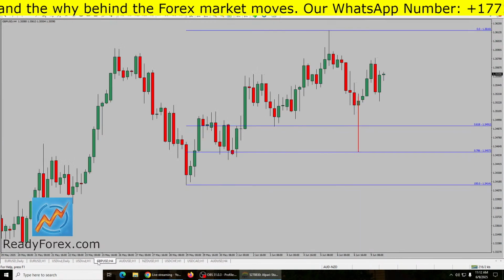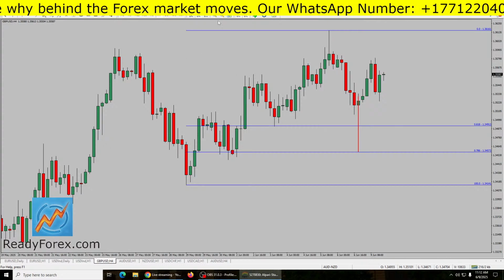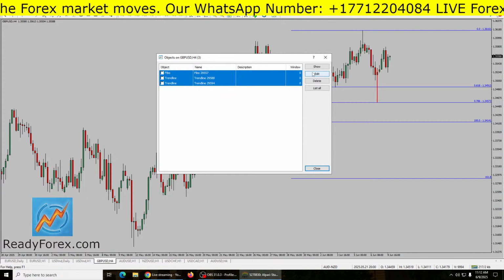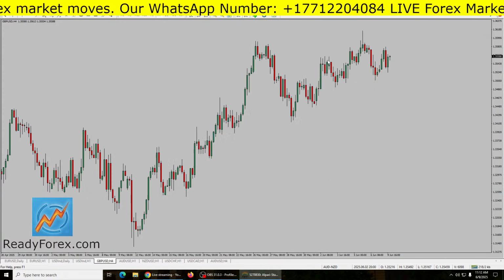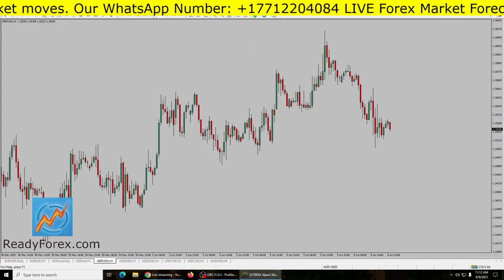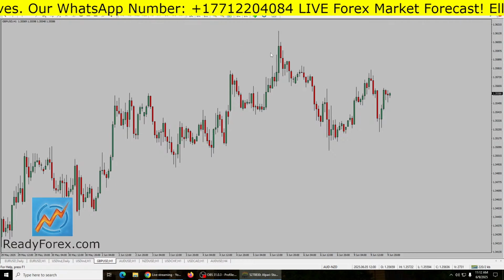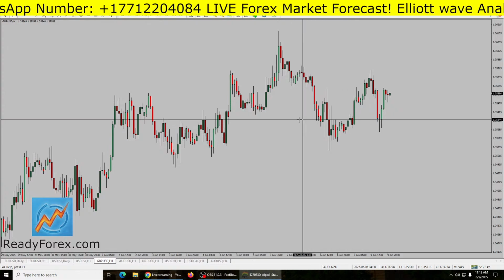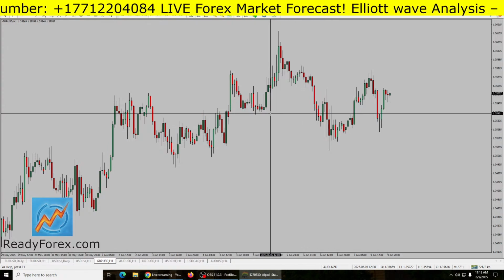Okay, next let's take a look at pound. GBPUSD is going quite choppy price action, I would say. If you take a look at the support area over here, this is the level.